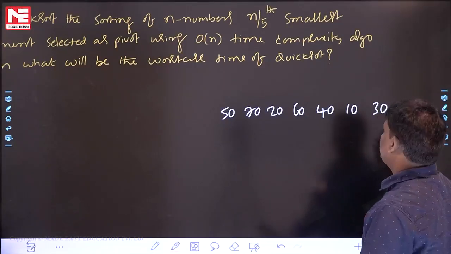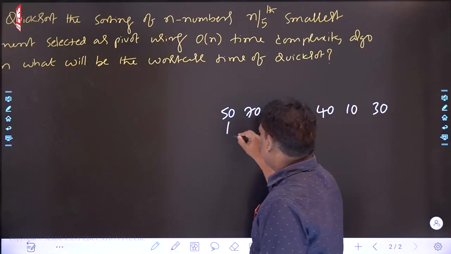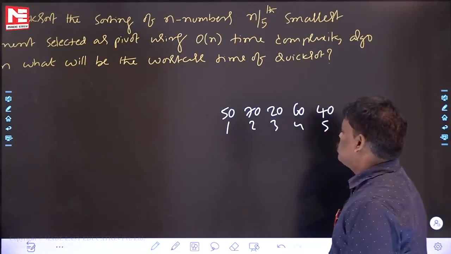Total how many elements are there? 7 elements are there. It's okay. Fine. So this is the array. See this one: 1, 2, 3, 4, 5, 6, 7. 7 elements are there. So this is the array.